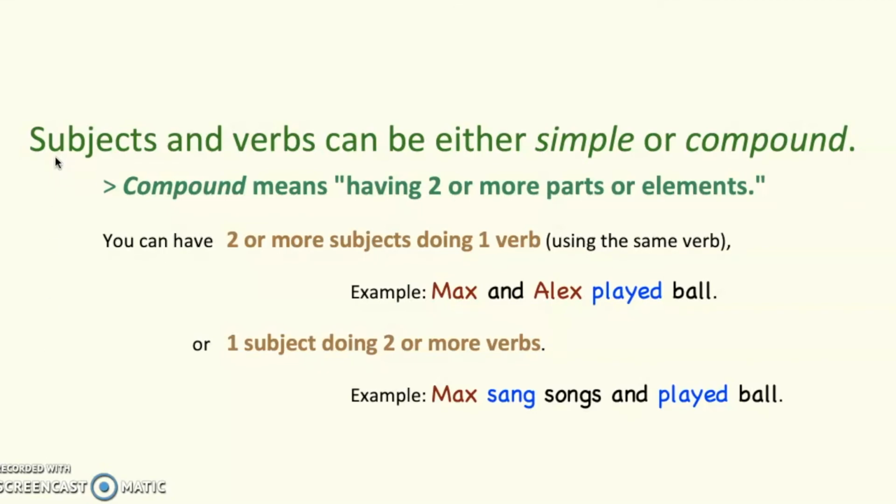It's important to realize that subjects and verbs can be either simple or compound. What is compound? Well, compound means having two or more parts or elements. So it just simply means something has two parts to it.